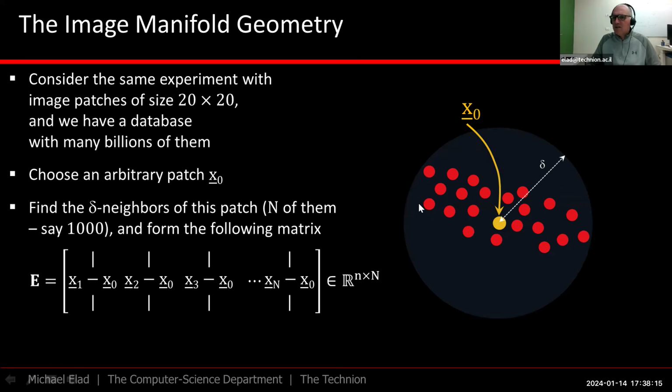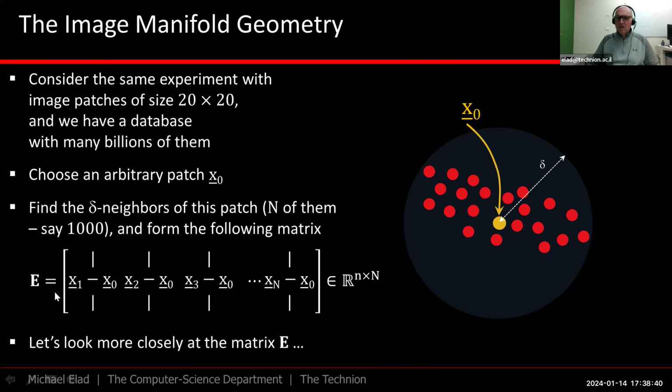I'll take all these 1,000 examples and build this matrix. This matrix is of size 400 by 1,000. Every column is one of the examples, one of the red neighbors, minus the vector X naught that started it all. So we have a lot of vectors of length 400, 1,000 of them.